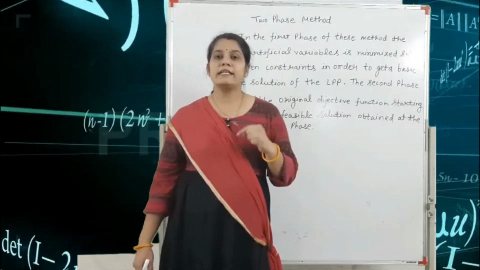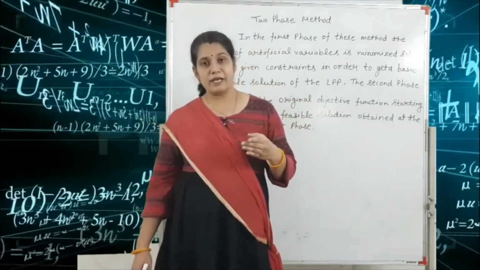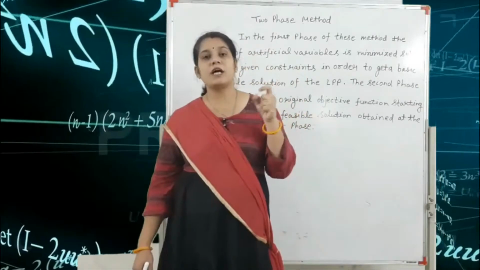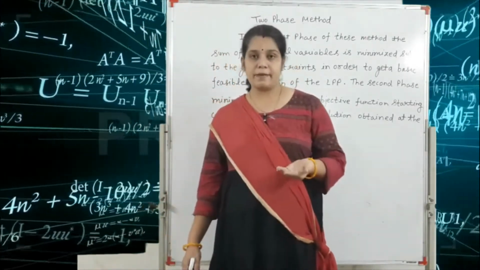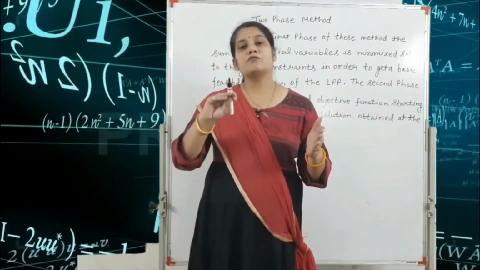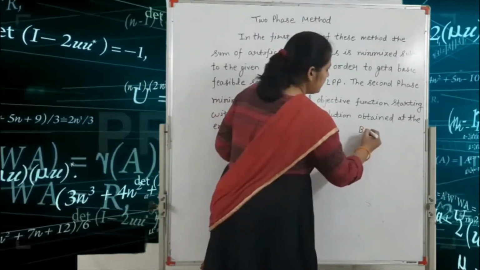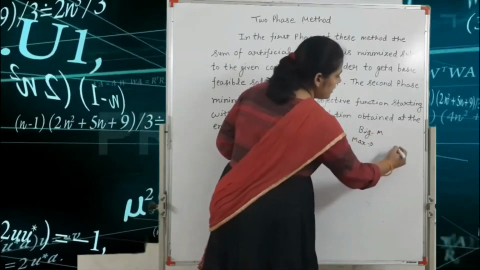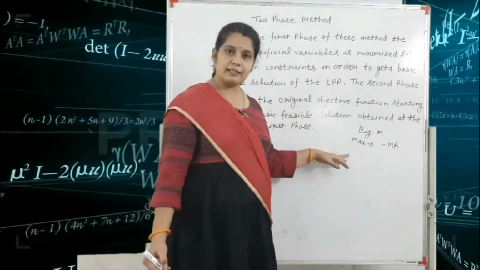But one thing is that if a question is given in the maximization format for the BigM method, we always use the coefficient of the artificial variable as minus M. Got it? In the BigM method, if your question is given in the maximization format, the coefficient of the artificial variable is minus M. We have already seen this in our previous lecture.